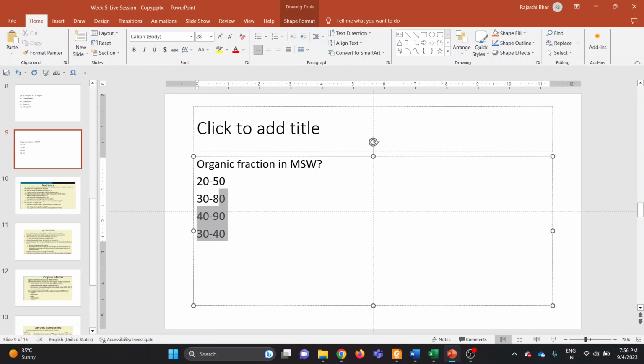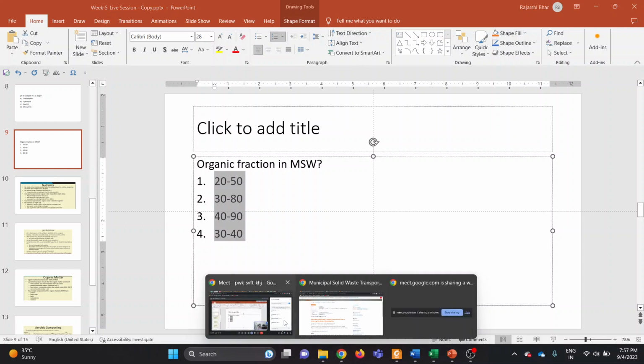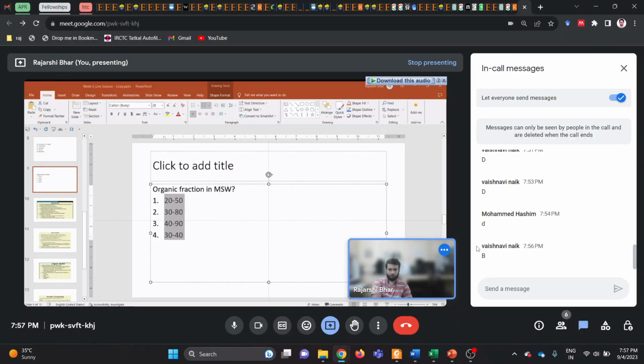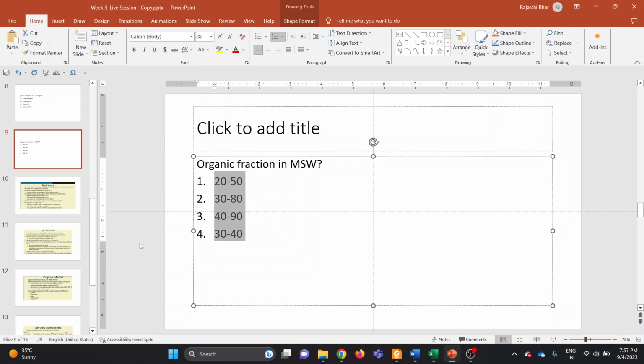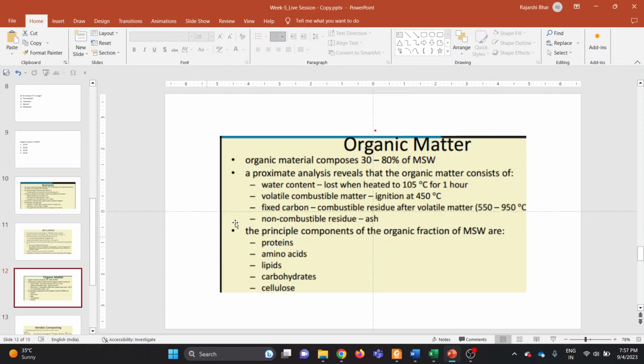These are your options. Yes, option B is the correct answer. Usually it ranges between 30 to 80%. Here in this slide you can see 30 to 80% is the correct answer.